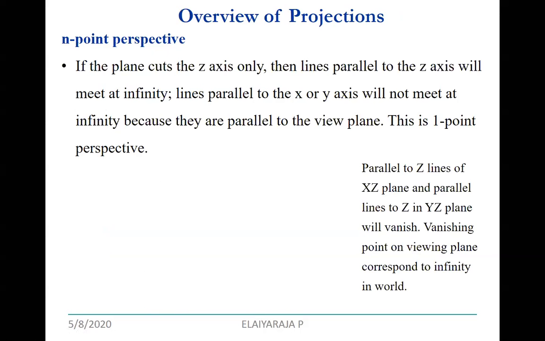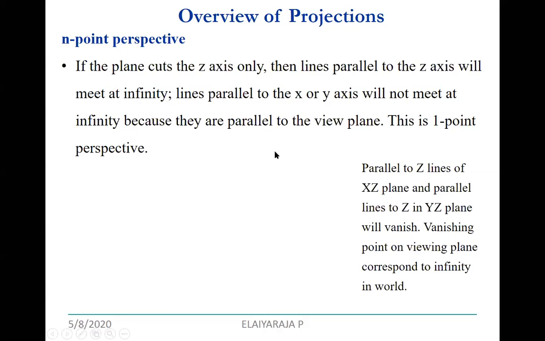We have the n-point perspective with respect to the different viewing plane axes, x, y or z axis. For example, if the plane cuts the z-axis, then lines parallel to the z-axis will meet at infinity. Why?